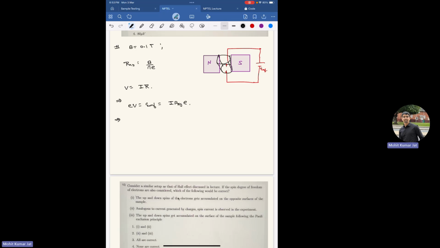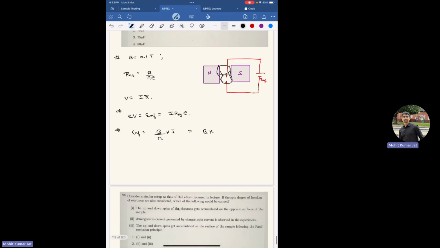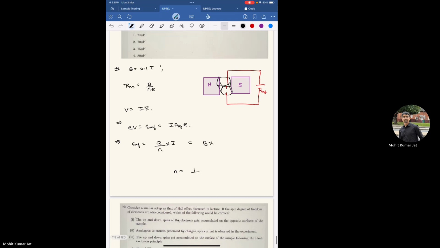So if I write it, EMF is equal to B by n times I. So what is the carrier density here? I can write 1 by whatever the number of carriers per unit volume, right?